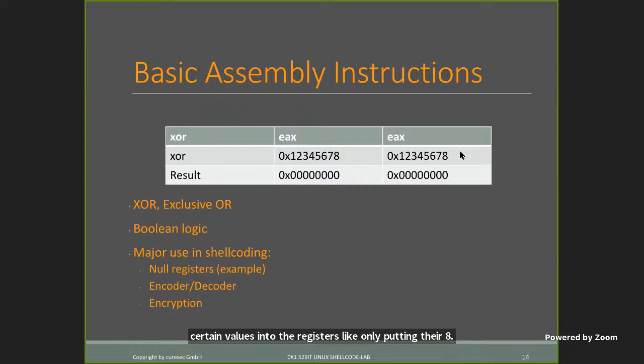Now imagine we want to put there only 1 byte, but there's another value in there already. If you just replace 1 byte, we get a completely different value. So the rule of thumb is that you always want to have your registers clean.